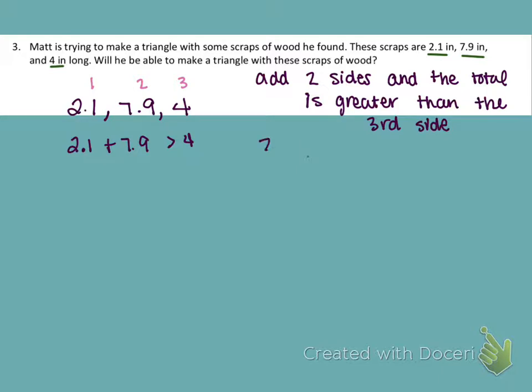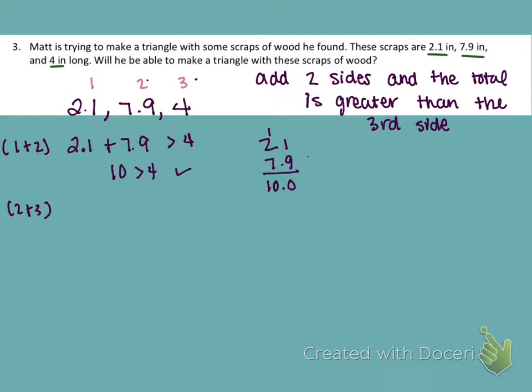So then I would go off to the side, 2.1 plus 7.9 is 10, bring my decimal straight down. So yes, 10 is greater than 4. Cool, that one works. This was 1 plus 2. Now I have sides 2 and 3. So I'm going to do 2 plus 3.